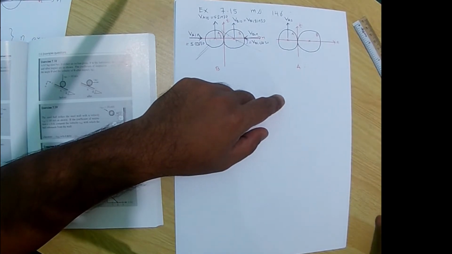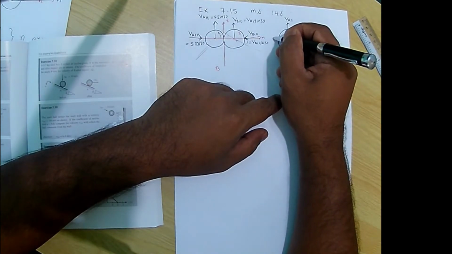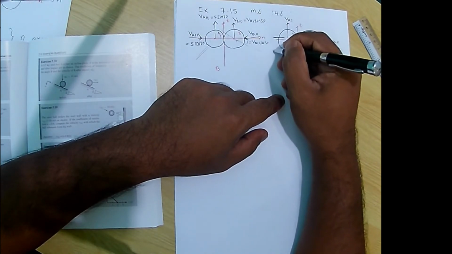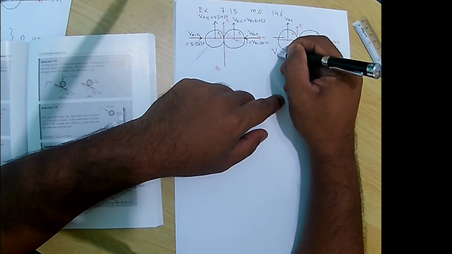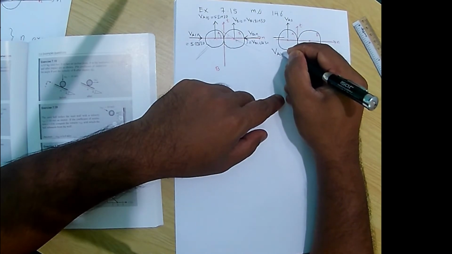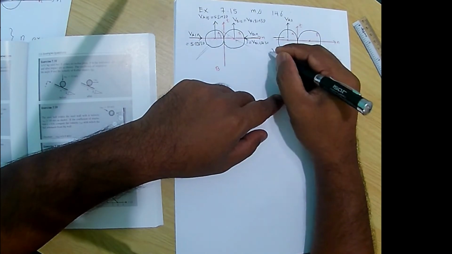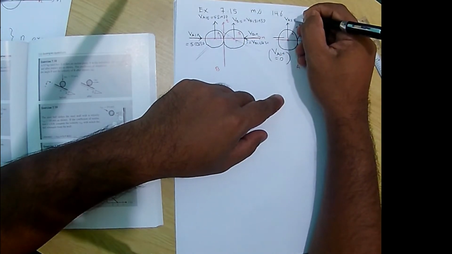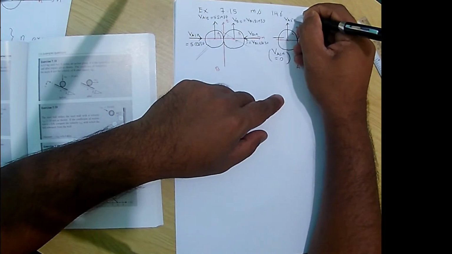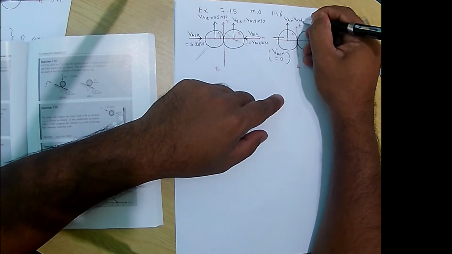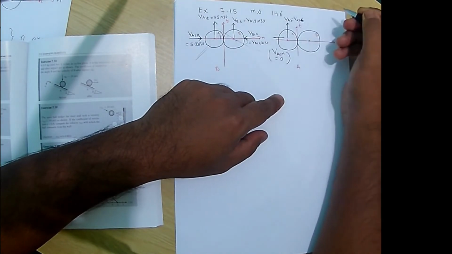So indirectly we know that VA2 in the n direction is equal to 0, and VA2 is only VA2t.